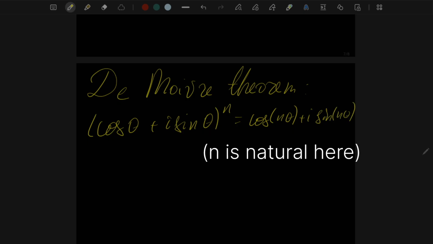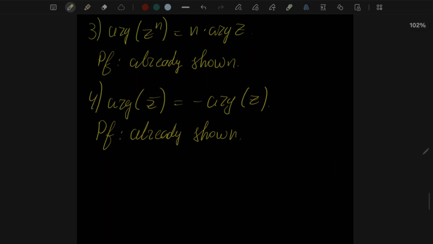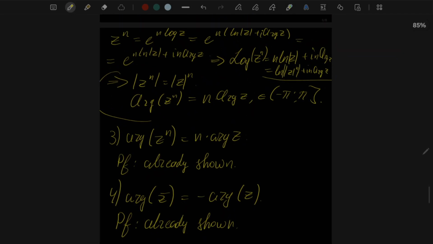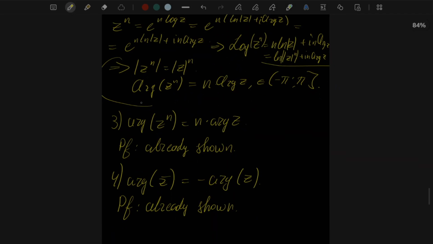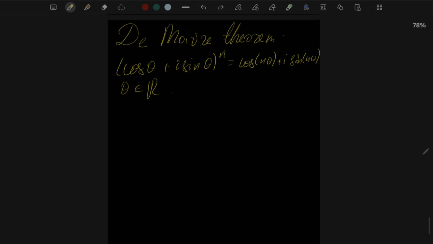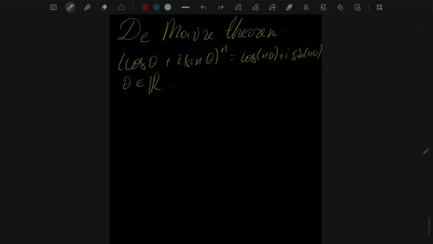And theta is a real number, and you may have noticed that it is basically another form for this one that we have thankfully already proven. So we have already proven it, but also let's have some fun and prove it for natural n by induction.